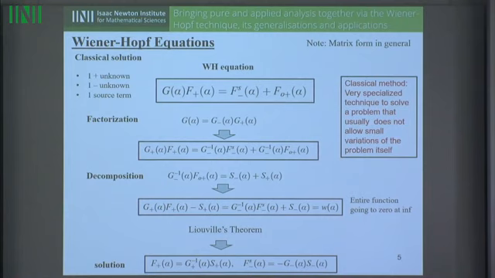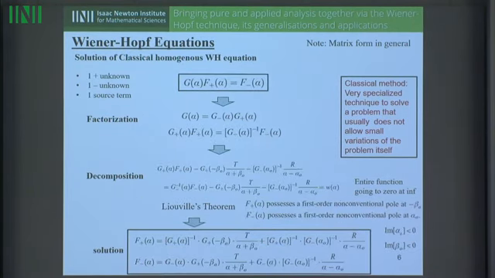And here is the solution in closed form when we have this possibility in terms of plus functions and minus functions. We want to focus that this procedure is the classical one, and it's possible when we get the factorization of kernel and the decompositions of this function.